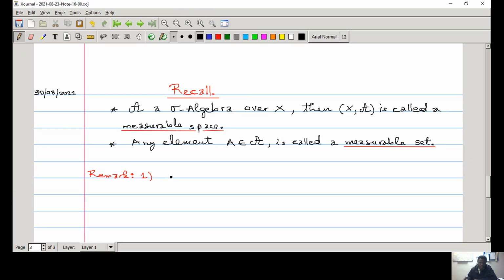So for the first remark, X, A measurable implies we can define the measure over X, or over A, right?